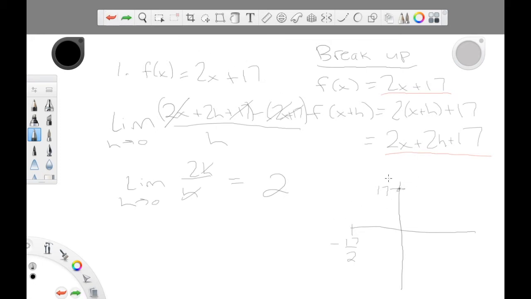Although my drawing isn't the best, f of x is a linear line, so the slope is constantly the same, and that slope is always 2 no matter what the x is. So I'm going to move on to the next example.